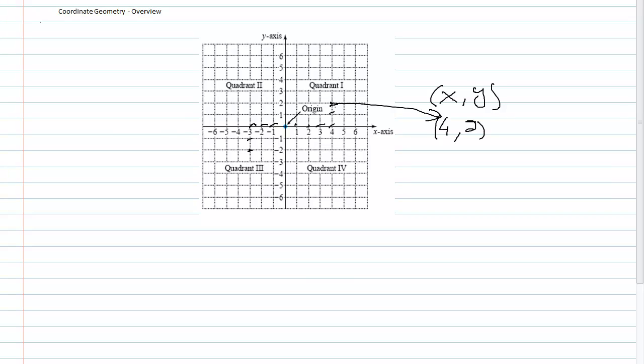So the ordered pair representing this point is minus 3, which is my x coordinate, and minus 2, which is my y coordinate. So for this specific point, my xy ordered pair would be minus 3, minus 2. So now you can find any point in this XY plane.